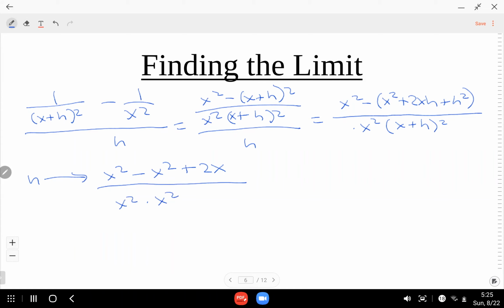So therefore, we have this, which is, what is it? All right, this is actually negative. There's a negative sign here. So basically we get negative 2 over x cubed. So that is the limit, and x cannot be equal to 0. So that's how we find the limit.